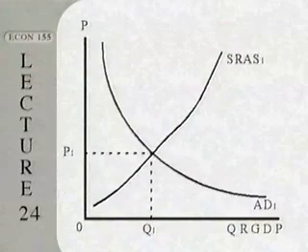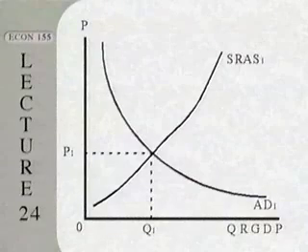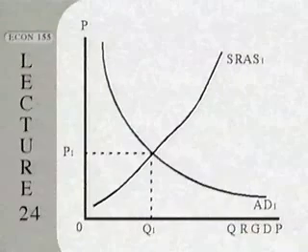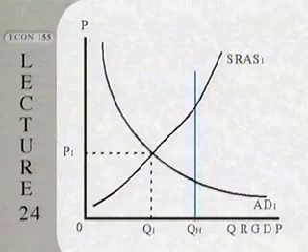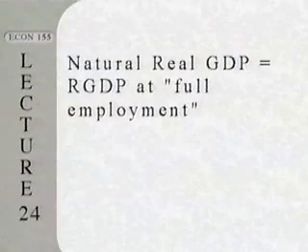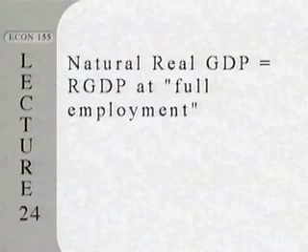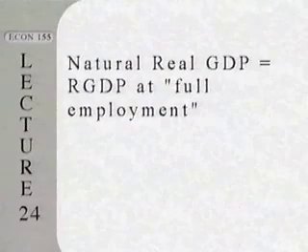This is our original equilibrium situation, and we've got a short-run aggregate supply curve. The example we talked about last time is we said, suppose that natural real GDP is right here, QN. And if you remember, natural real GDP is equal to real GDP at full employment.